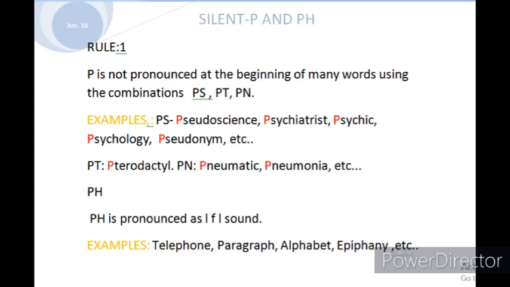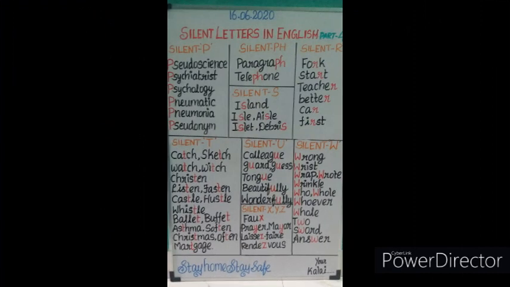Here, the spelling of paragraph is P-A-R-A-G-R-A-P-H. While spelling, I am saying PH, but while reading, the PH changes to an F sound. That is paragraph. In the same way, telephone, alphabet, epiphany, sophomore.